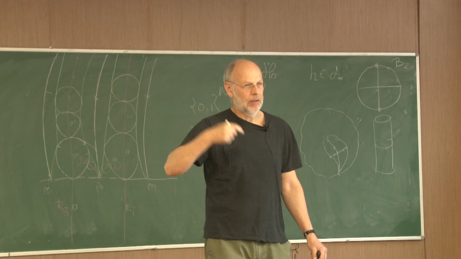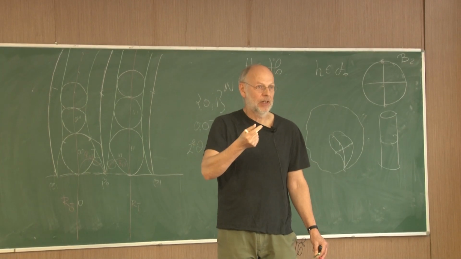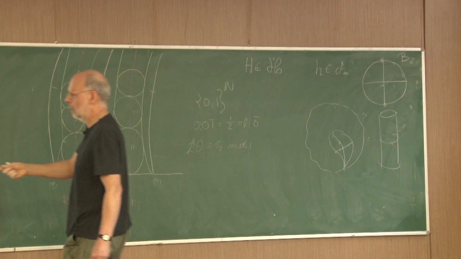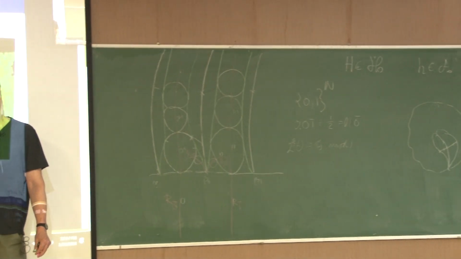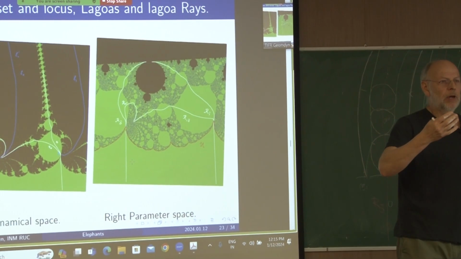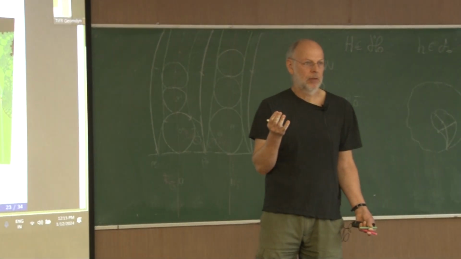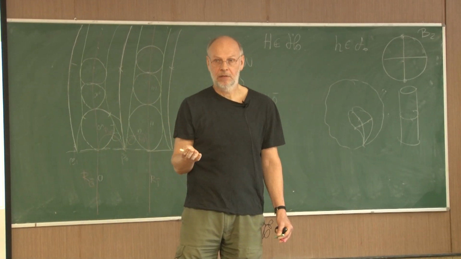So if, for a level 1 lagoa, I apply the map H lambda to the critical value, it will be in the lower half plane. And so what you have to show is that the map from your parameter lagoa to the lower half plane is a biholomorphic map. And it is.